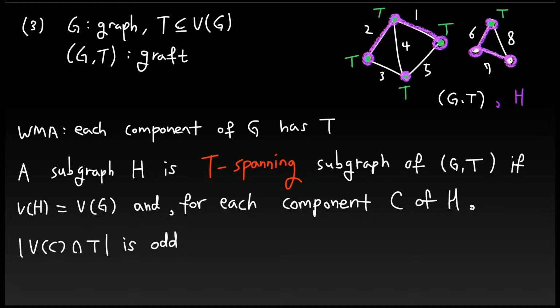A subgraph H is a T-spanning subgraph of graph (G, T) if the vertex set of H is equal to V(G) and each component contains an odd number of vertices of T. Here is an example. The purple subgraph is a T-spanning subgraph of (G, T) because each component contains an odd number of vertices of T.